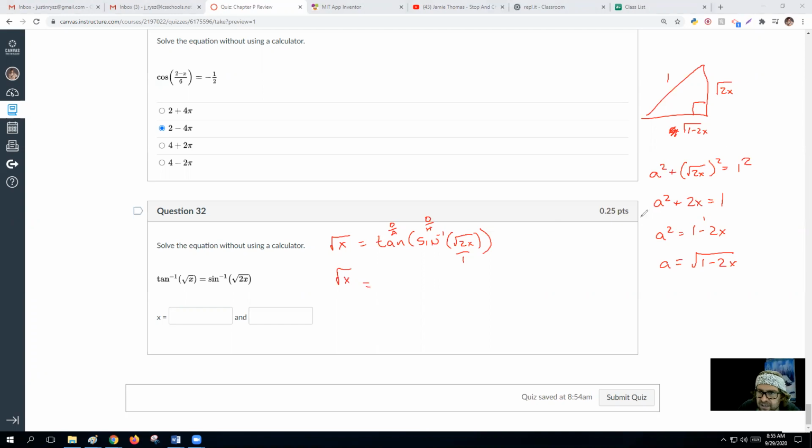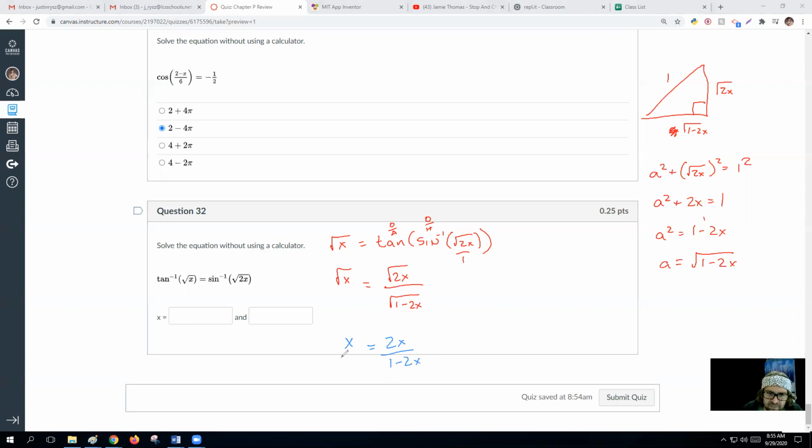So the tangent is the opposite, radical 2x, over the adjacent, radical 1 minus 2x. Okay, so now math problem wise, if I needed to solve this, first thing I would do, I'd square all the terms. I could square everything here to get rid of the radicals, and so I get x equals 2x over 1 minus 2x.